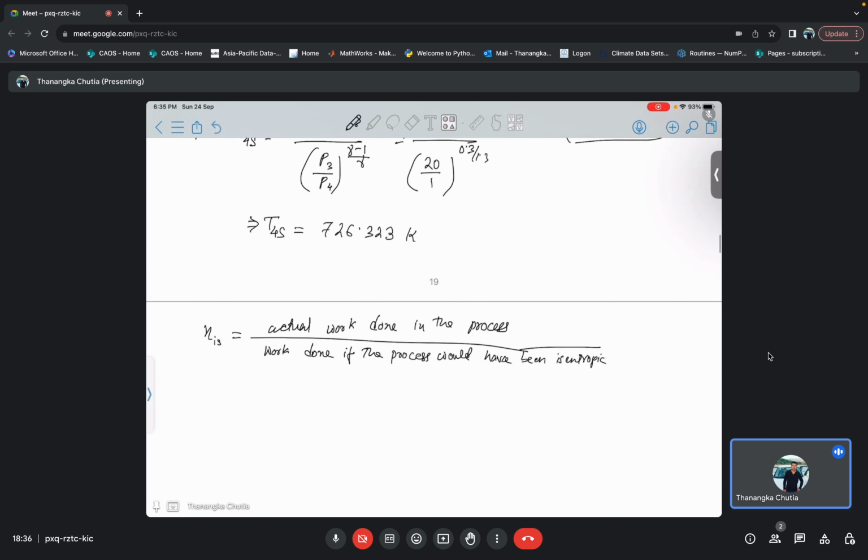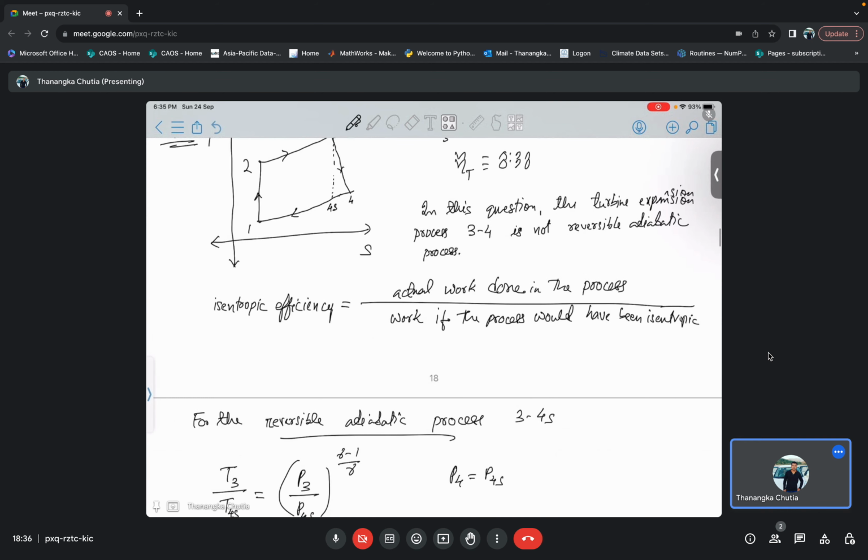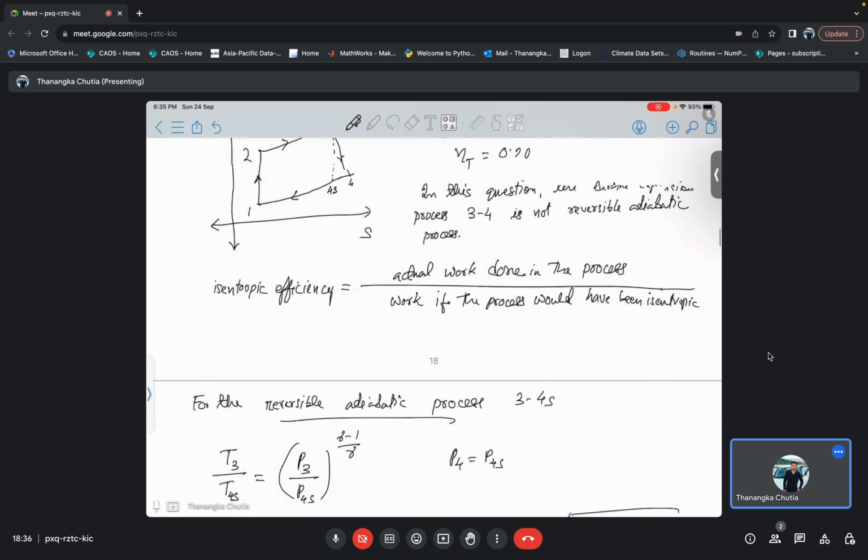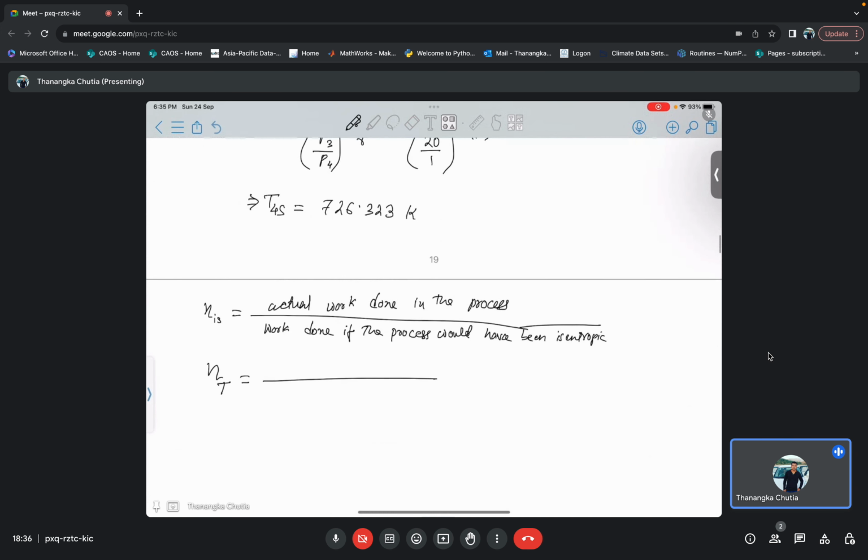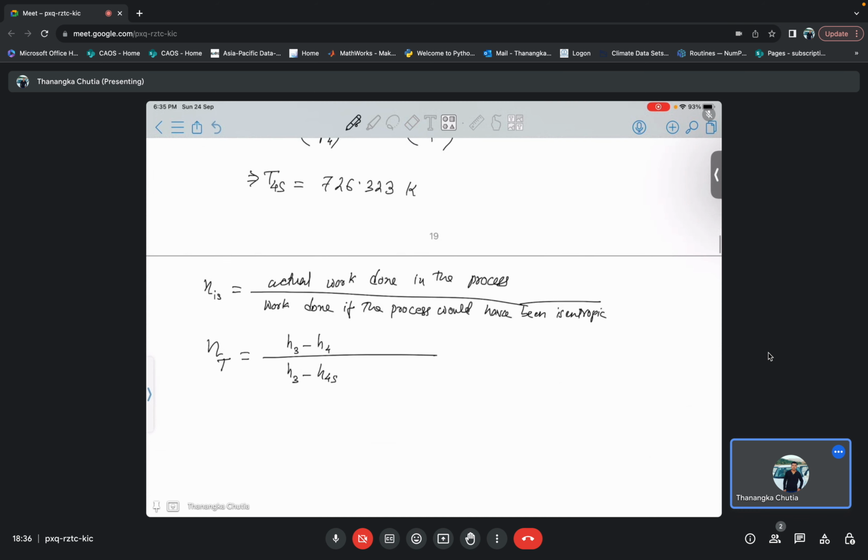Now for the turbine, what is the actual process? The actual process is 3 to 4. So the actual work done in this process is H3 minus H4, correct, for the turbine. And if it would have been isentropic, H3 to H4s.